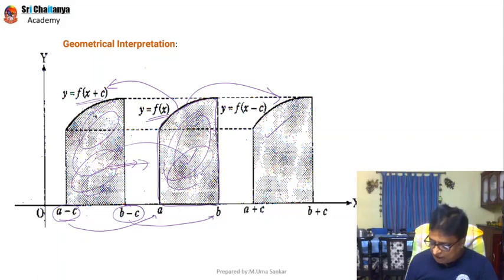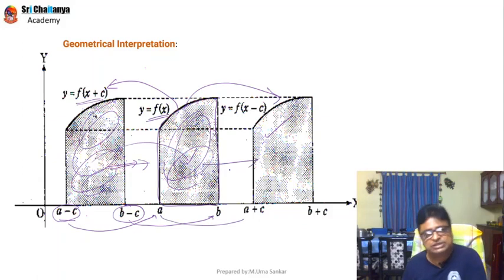Clear? Here, if you know f of x, how to draw f of x minus c, how to imagine the curve f of x minus c? See, if I want to find f of x minus c, then what I am doing is, you just shift the curve c units right, or you can say another way, the function f of x minus c is shifted c units left.